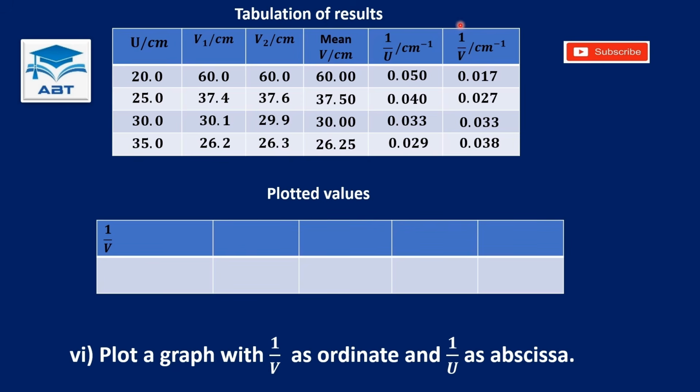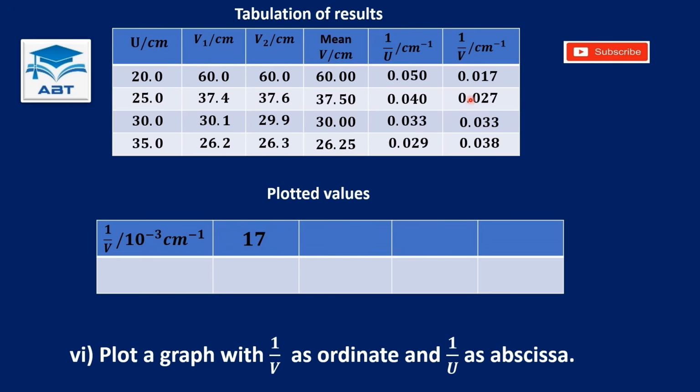So we need the values of 1 over V. For the first value, we move the point 1, 2, 3 and record it as 17 times 10 exponent -3 per centimeters, because 17 times 10 exponent negative 3 will give us 0.017. This will make it very easy to plot it on the graph.